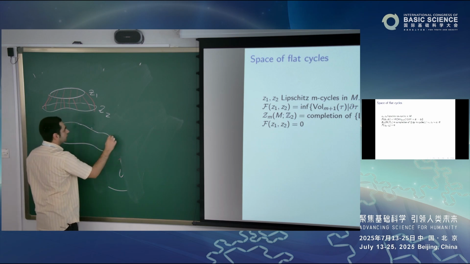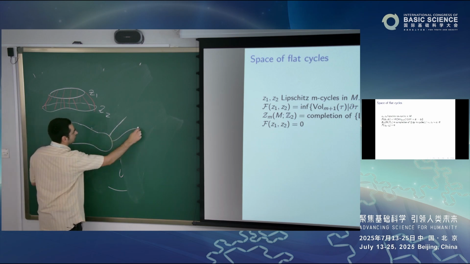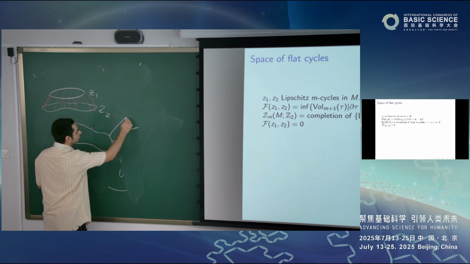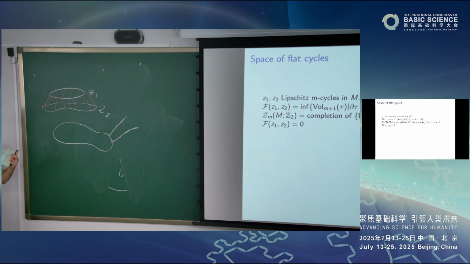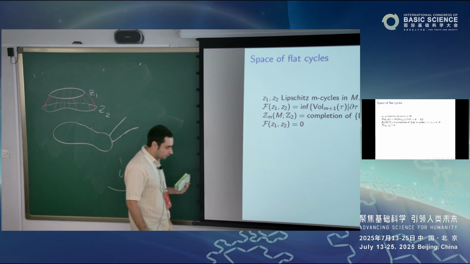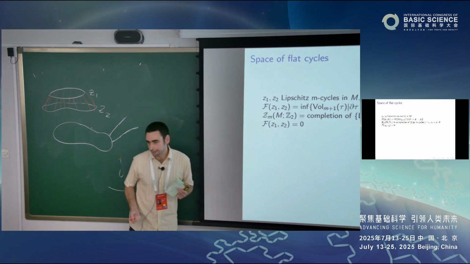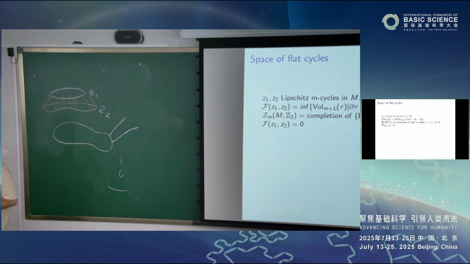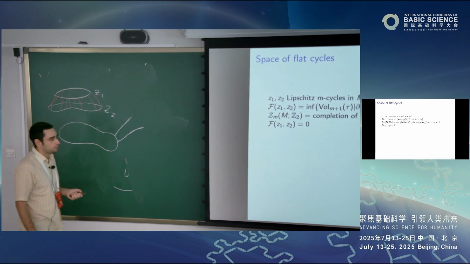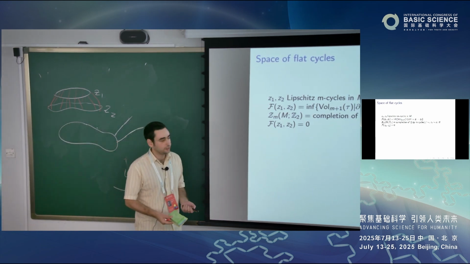If you have a cycle and you add some spikes which don't bound anything, then that's the same thing. So you consider these equivalence classes of objects, and you take the completion, and that's your space of flat cycles. Somehow it's a very flexible, large space, which allows you to do a lot of things.